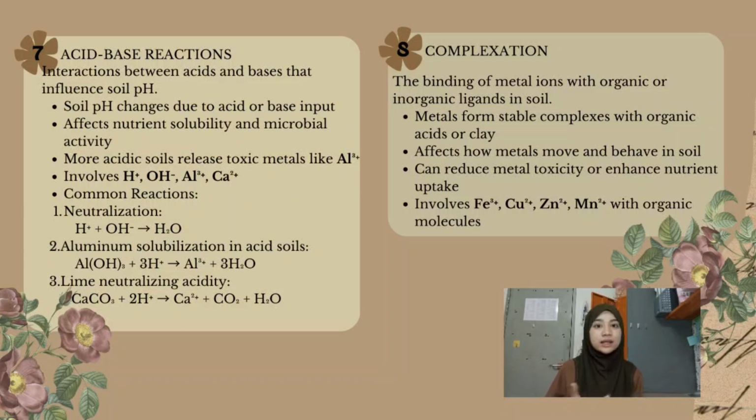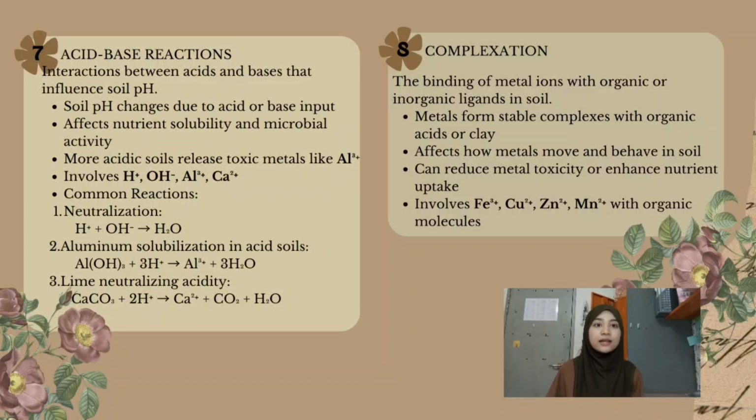These reactions include, the first one, hydrogen ion reacts with hydroxide ion to form water by neutralization. The second one, calcium carbonate reacts with hydrogen ions to release calcium ions during the liming reaction to reduce soil acidity.